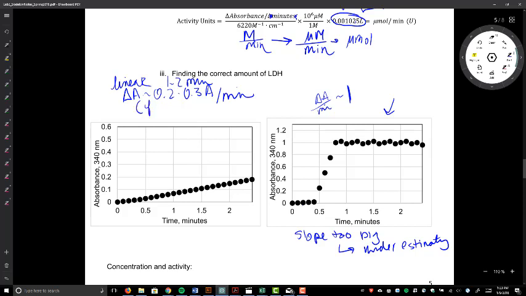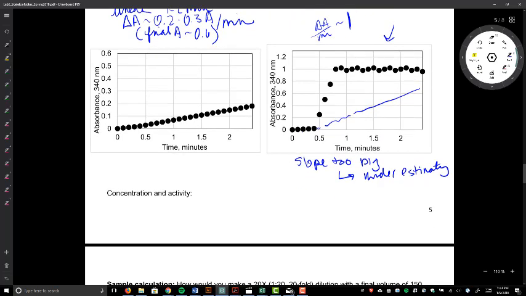And so this would be a final absorbance of 0.6. So we want our reaction to look something like that, but clearly we're not, and we're going to end up with a value that's lower than it actually is.